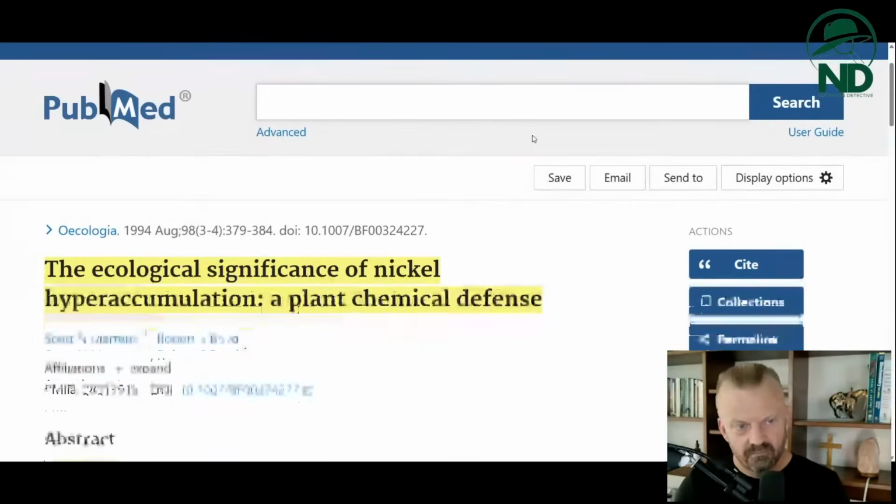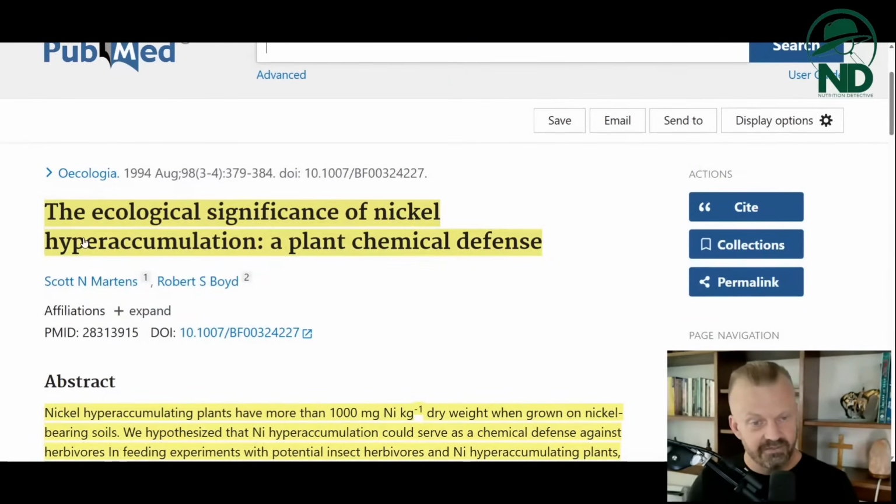Like the nickel accumulation, I think I went over the nickel accumulation as a defensive. There it is. I remember this paper, the ecological significance of nickel hyperaccumulation, a plant chemical defense. So they're accumulating nickel to defend against people eating them.